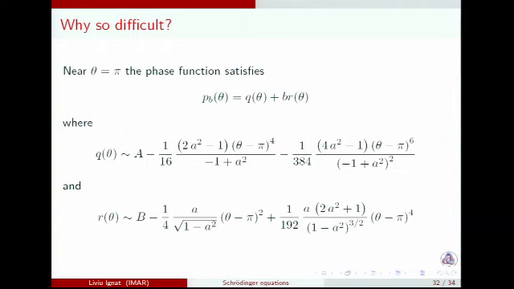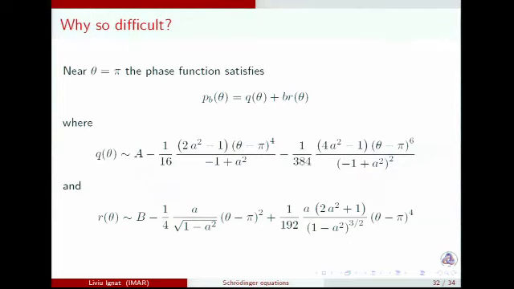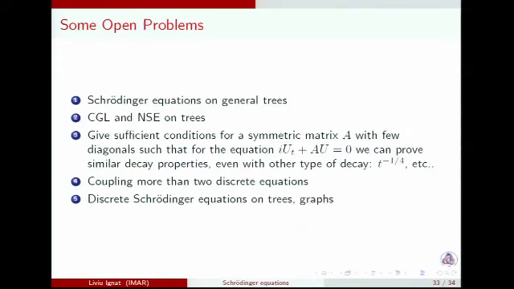You have a Taylor expansion for both of them, but you have a b which could be small, and you have to decide close to pi which of them dominates. Of course, when a is 1 over square root of 2, this term disappears, so you will have a different behavior of q near pi. So you have to be very careful about what happens close to pi.